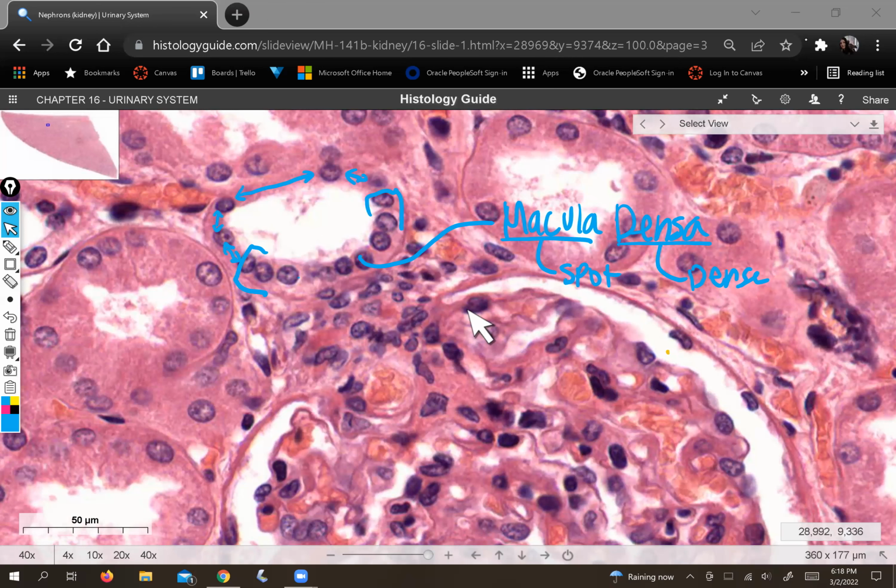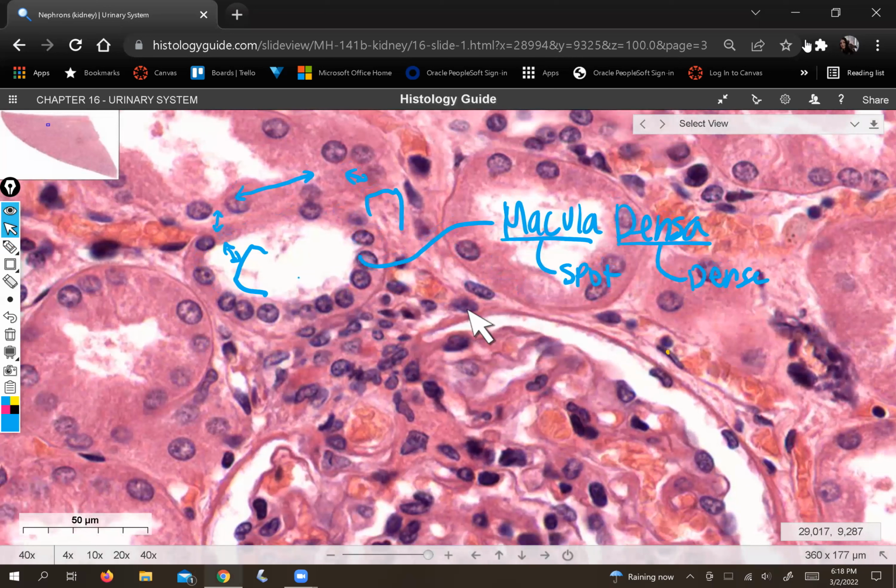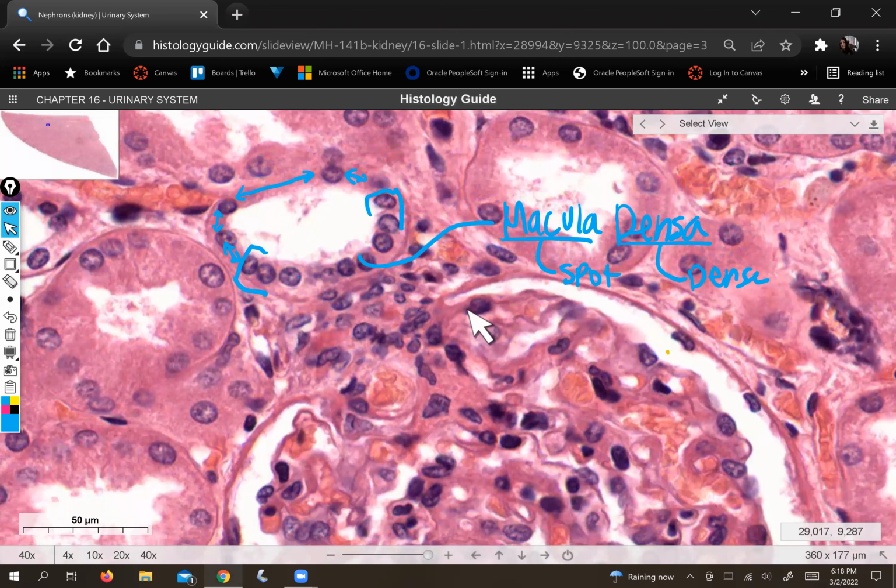So, dense spot, what does it do? Well, if we know, oh no, let's try and move this back, there we go.